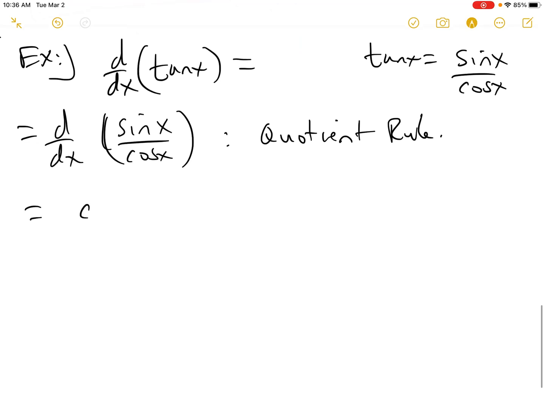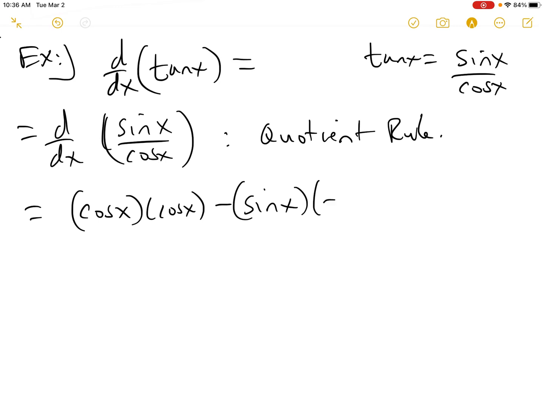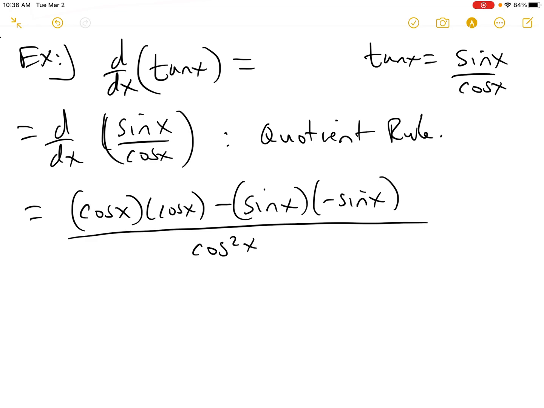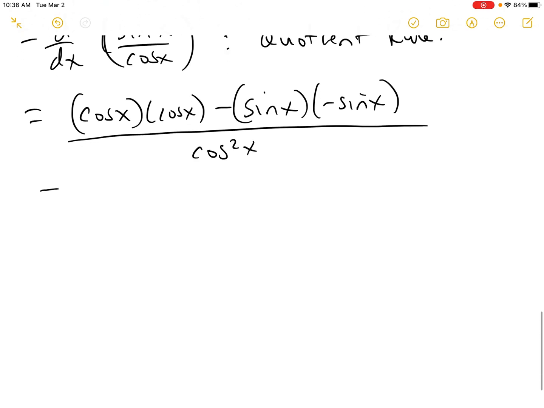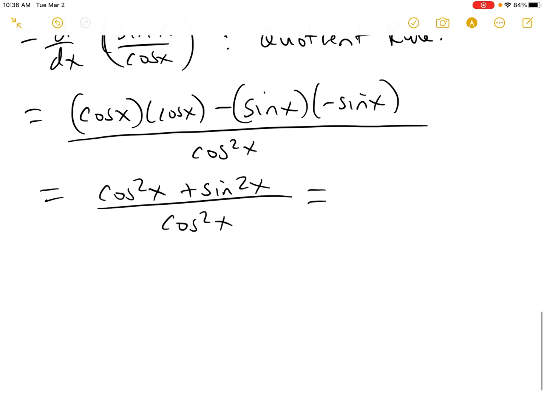And that's low d high minus high d low over low squared. And distributing the negative, we have cosine squared x plus sine squared x over cosine squared x.